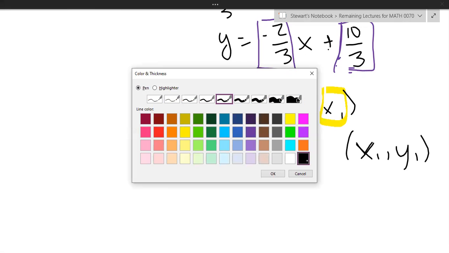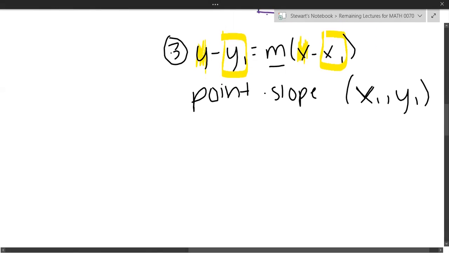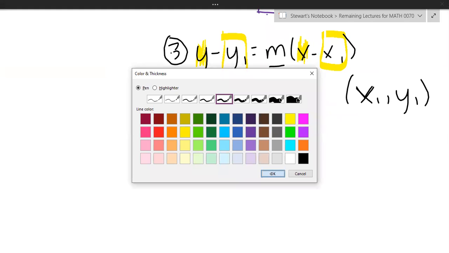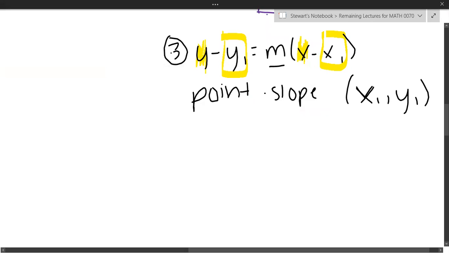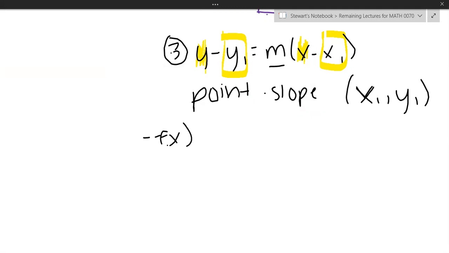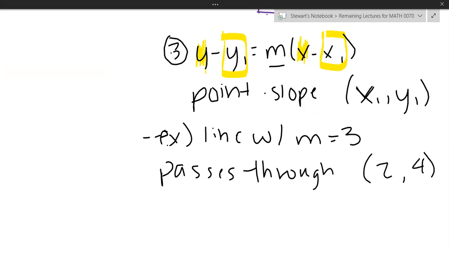Then it's really easy to get from here into slope-intercept form. And this one is especially useful if you're starting with a point and the slope and you don't have the intercept. So say you have a line with the slope of 3, and it passes through the point 2, 4.